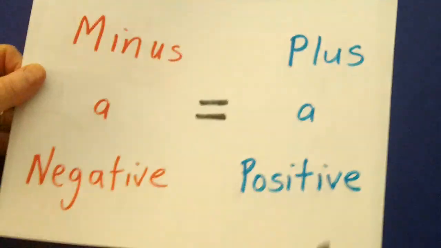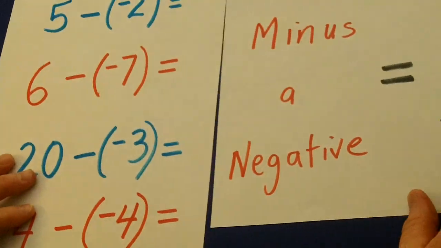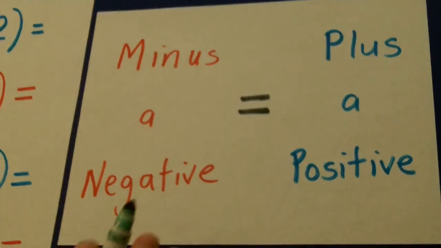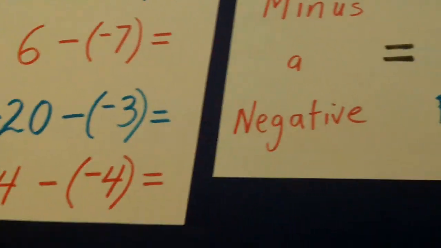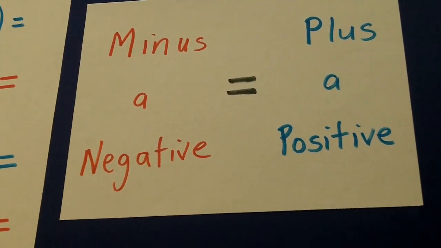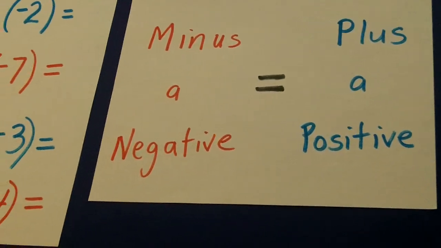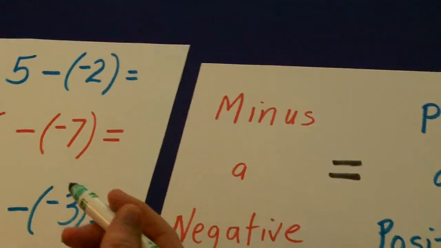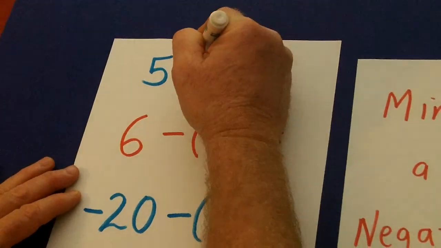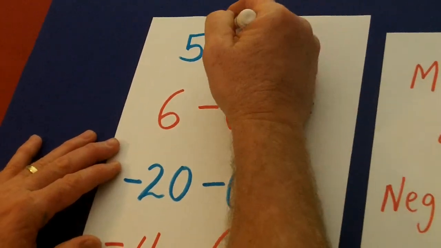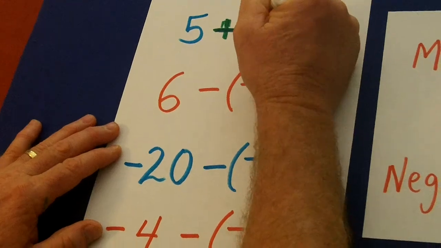Here's another situation. It deals with subtracting integers, and at some point you have to memorize this phrase. Minus a negative is plus a positive. Here we go. Minus a negative is plus a positive.